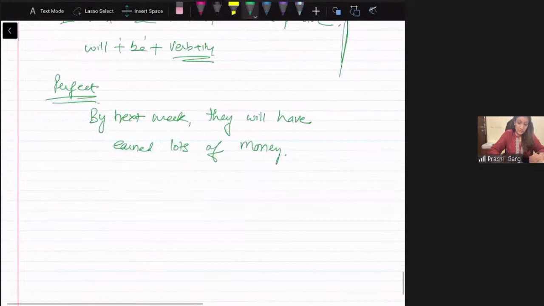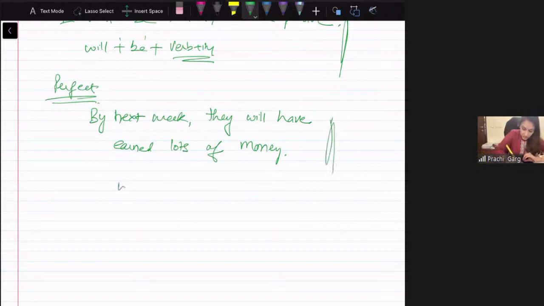Okay, so it says by next week they will have earned lots of money. By this, we are trying to tell you an action that will be complete before another event takes place. So it is also telling you about the closure of the event.